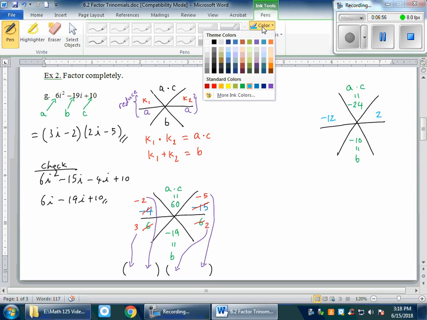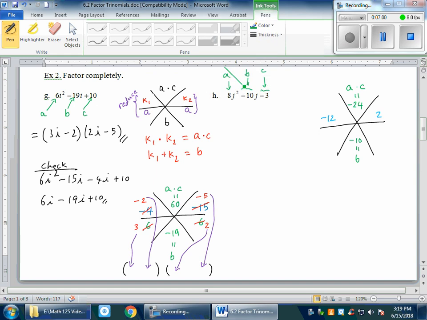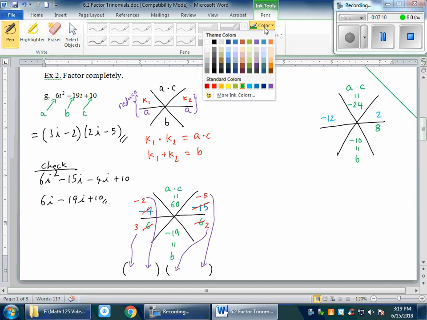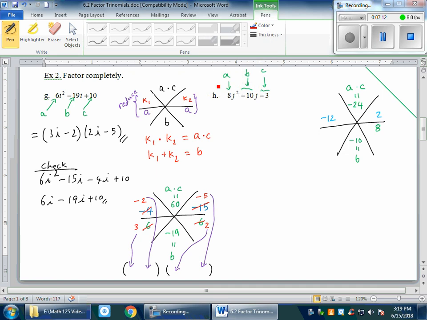Now what we do is we divide by A, which is 8, and then after that you reduce.